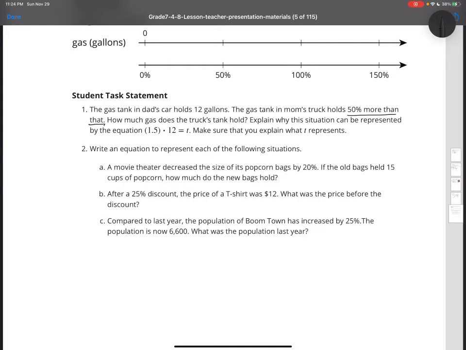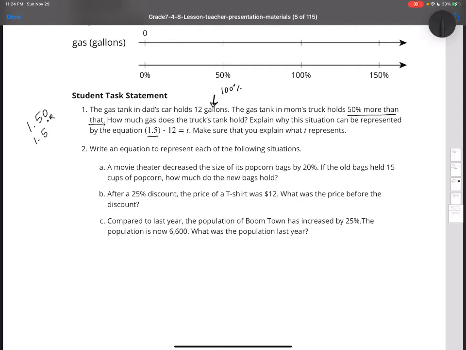What this is recognizing is that 12 is the 100%, and if it's 50% more, that means the decimal value for the percentage would be 1.5, or 1 and 50 hundredths. It's the same value; the 0 is just a placeholder. You really don't need it as such. This is why this popped up.